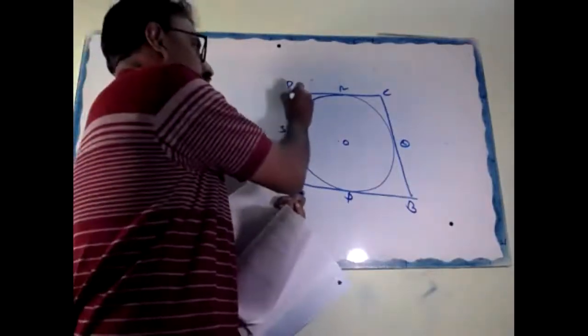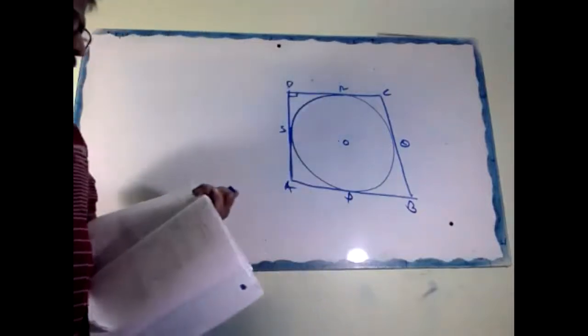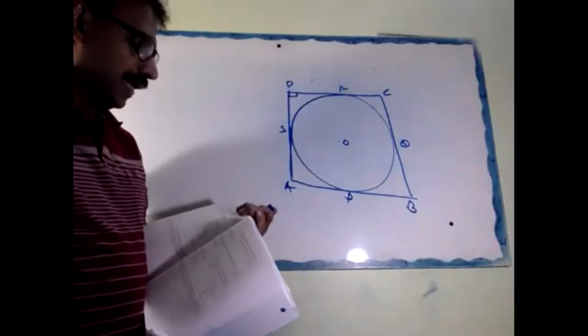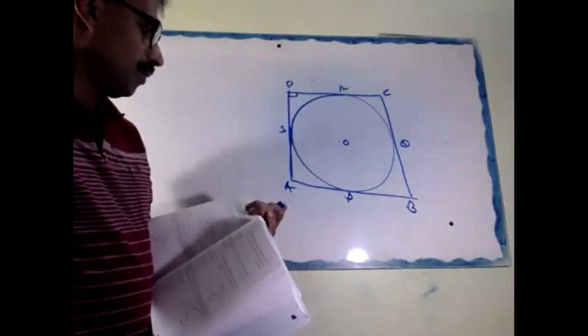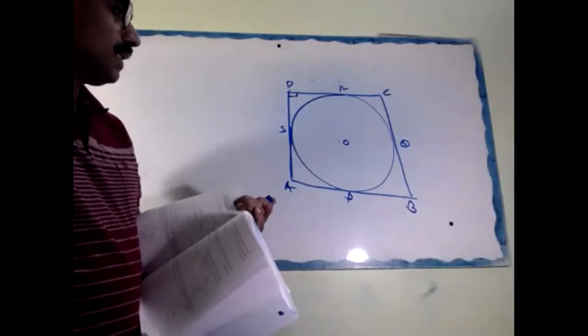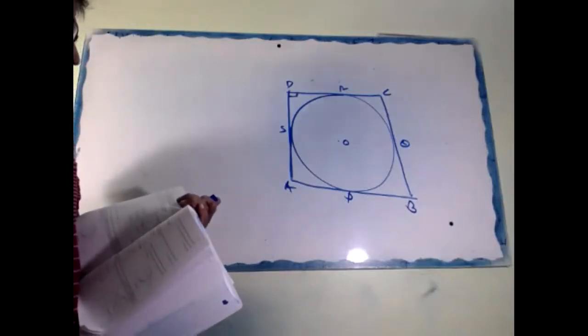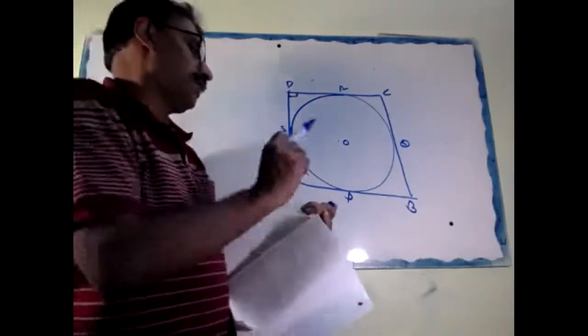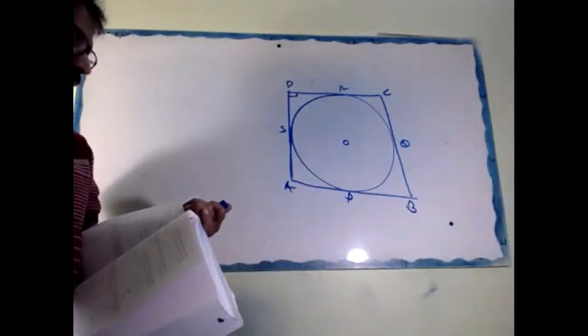A circle with center O and radius R touches the sides AB, BC, CD, DA at P, Q, R, S respectively.